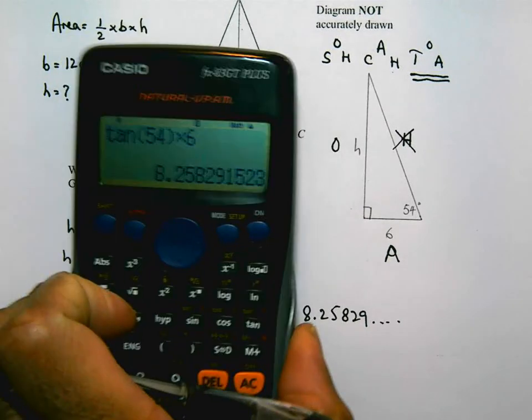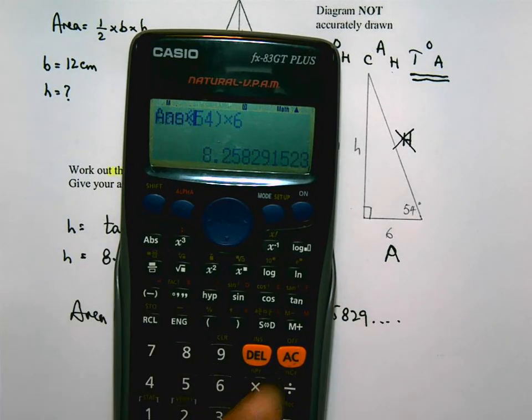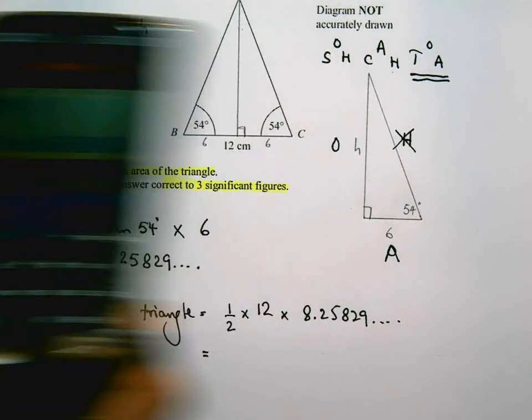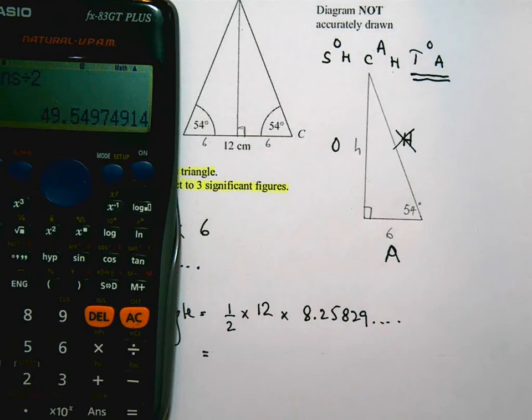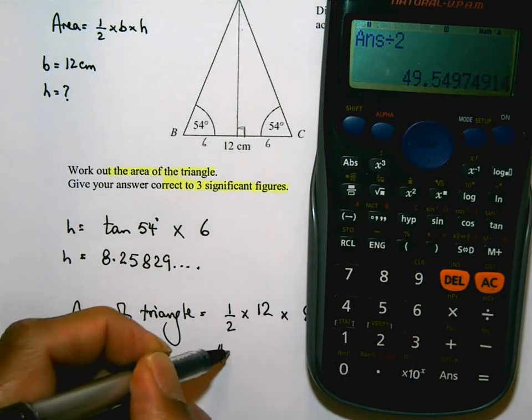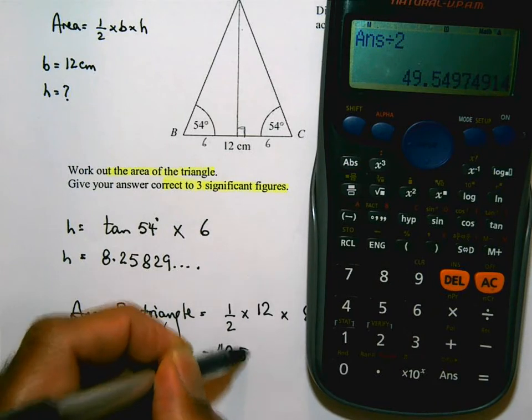I'm going to times it by 12 and then divide by 2, halving it, and that gives me 49.549. I'll write that down.